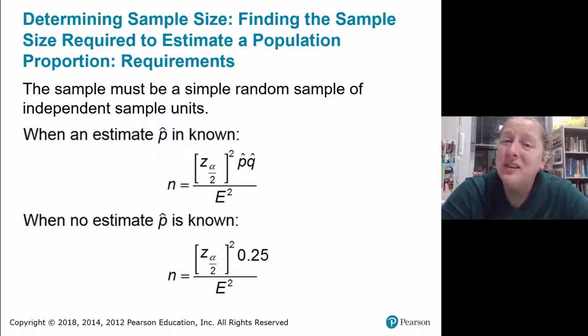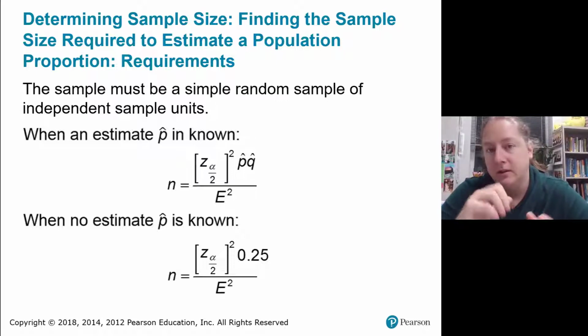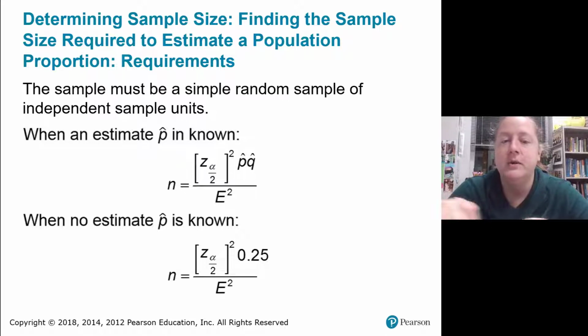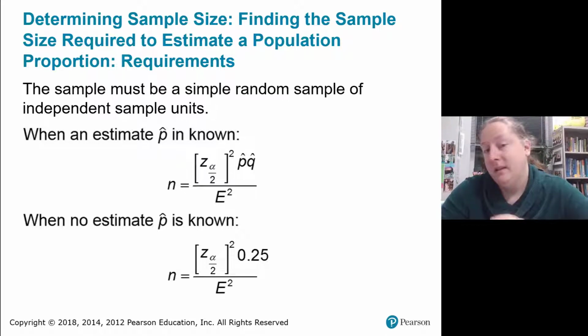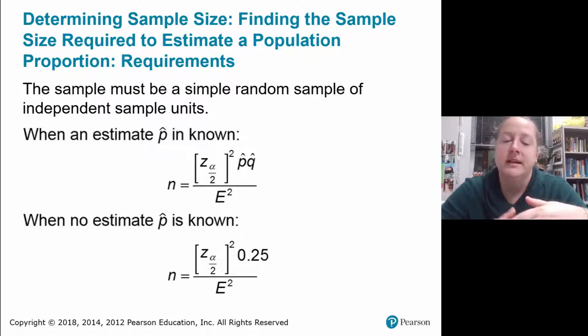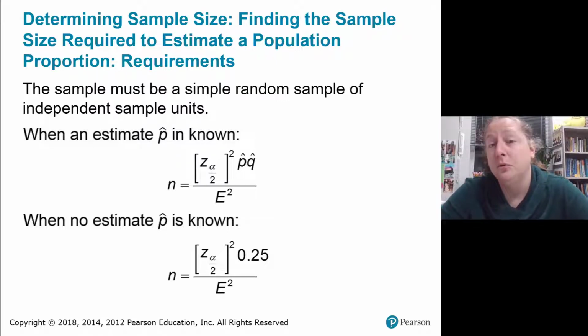Now, when we don't know p hat, then we don't have that sample estimate, what we do is we assume that p hat times q hat is the maximum value that it can be under the circumstances that p hat plus q hat has to equal 1. That maximum value is actually 0.25, taking p hat to be 0.5 and q hat to also be 0.5.